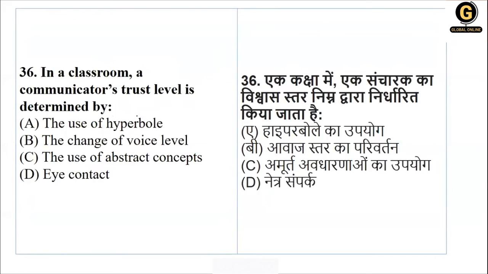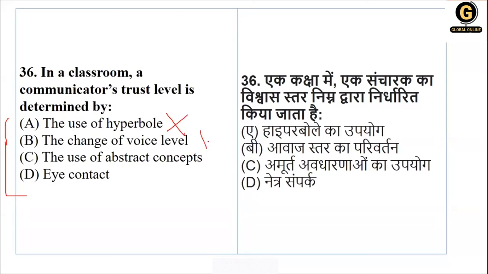Let's go ahead. In a classroom, the communicator's trust level is determined by. क्लासरूम में कम्युनिकेटर का ट्रस्ट लेवल किससे डिटरमाइंड होता है? जो कम्युनिकेट करता है उसका ट्रस्ट लेवल. यूज ऑफ हाइपरबोले, चेंज ऑफ वॉइस लेवल, द यूज ऑफ एब्स्ट्रैक्ट कंसेप्ट्स, आई कॉन्टैक्ट. Okay, you should know the meaning of this word. Hyperbole का मतलब over exaggeration. When you are very over exaggerating the things, बहुत सारे बच्चों को पसंद नहीं है, so this will not be an option.